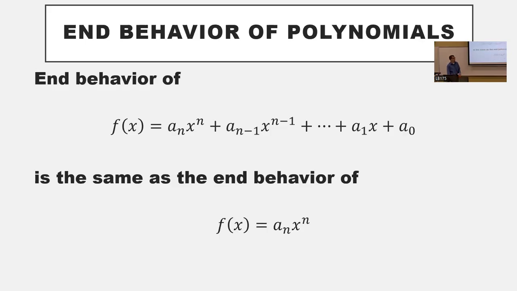And then we said, well, if we have polynomials, then that leading term, the term with x to the highest exponent, is going to determine the end behavior of the polynomial function. Okay.